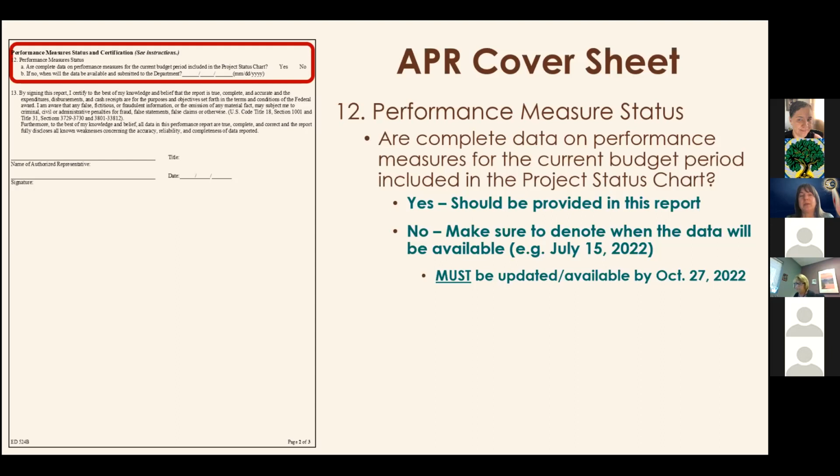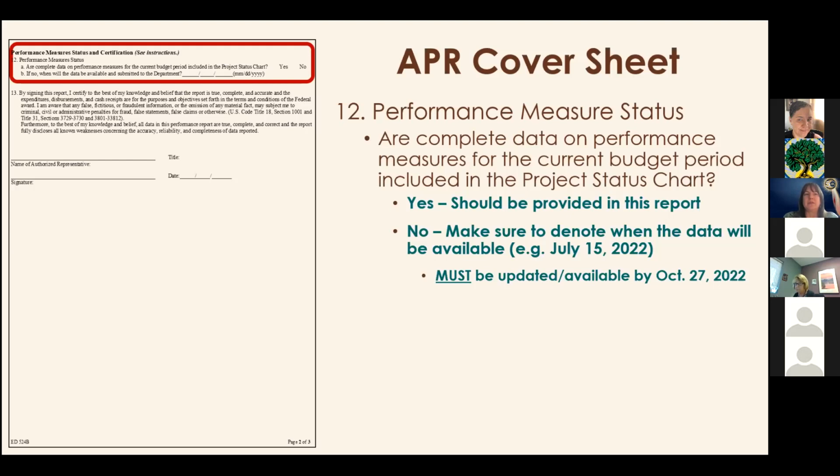There will also be a final performance report that comes after the end of the project. And those final reports are not due until 120 days after the project year ends. We'll talk a little bit later about the possibility of no cost extensions if you happen to find yourself in that kind of a situation.